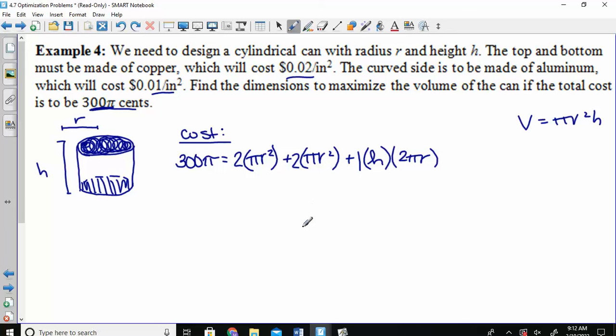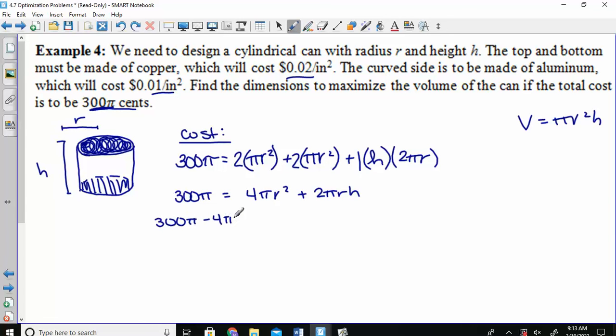Only 1 cent, so we're just taking that 1 times it. Alright, so 300 pi: 2 pi r squared plus 2 pi r squared is 4 pi r squared. 1 times h times 2 pi r is plus 2 pi r h. What variable would it be easiest to solve for? h, probably.